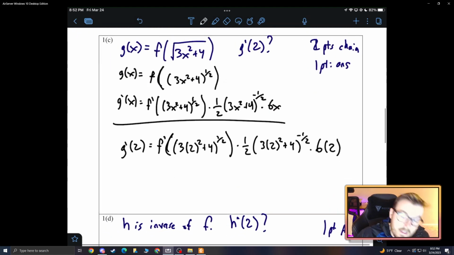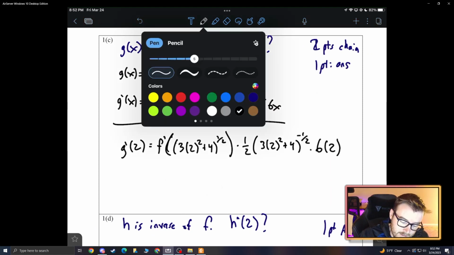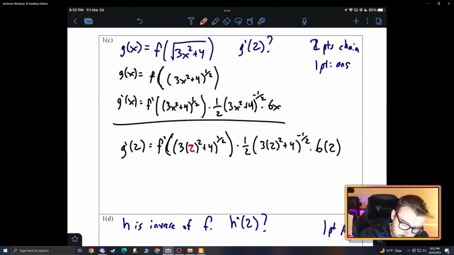Now, that looks pretty crazy, right? I plugged in the number 2 here, here, and here, because that's where x was in the problem, right? What needs to be simplified further? I'd like you to take a moment and reflect upon that, maybe even pause.